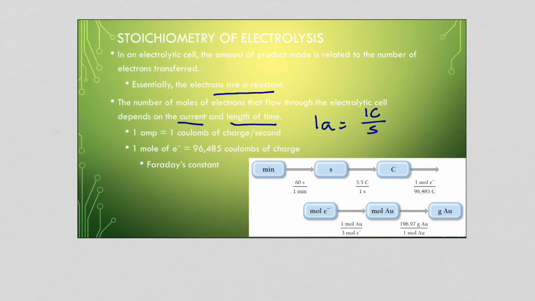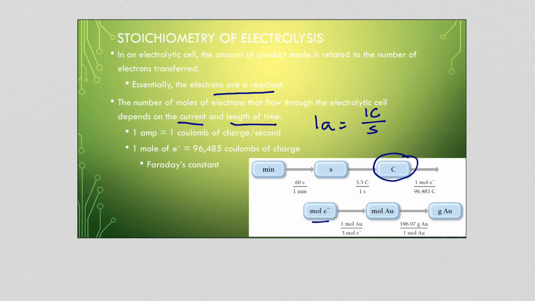If I run it for 100 seconds, I'm going to put 100 times that through. So I can calculate the total charge by running a certain current for a certain time. That charge is equivalent to a certain number of moles of electrons according to Faraday's constant. So I take that total charge and divide by Faraday's constant, 96,485, and that tells me how many moles of electrons I'm running through this cell.